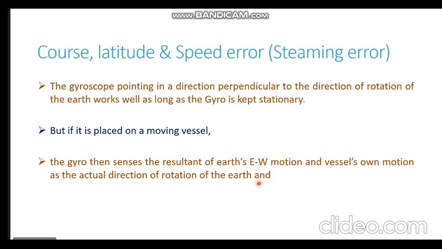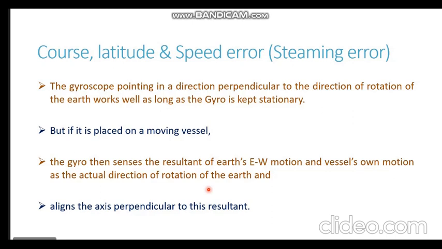Now the gyro senses the motion of this resultant and the gyro aligns itself to the resultant. So gyro senses the resultant of the Earth's east-west motion and the vessel's own motion as the actual direction of rotation.